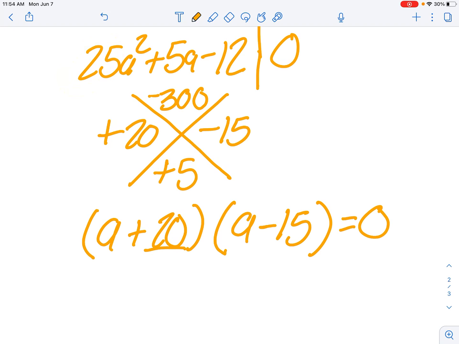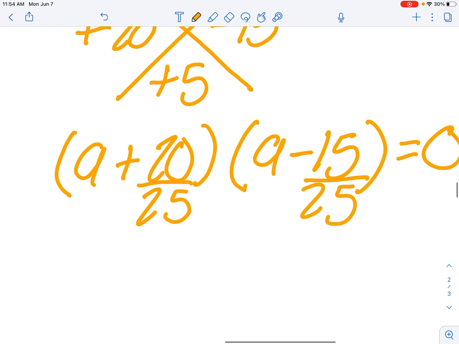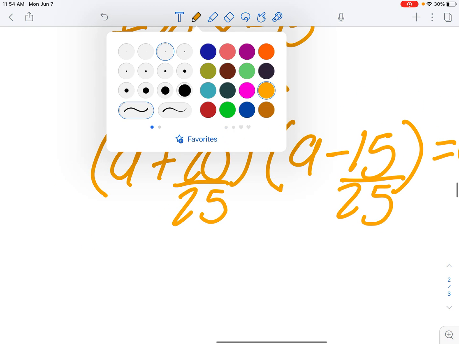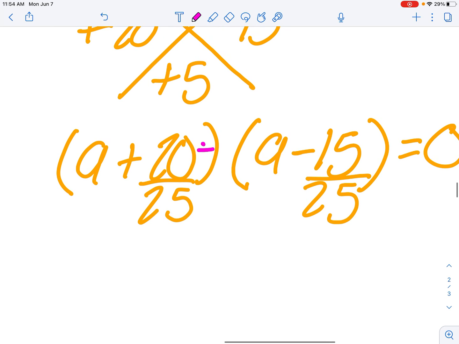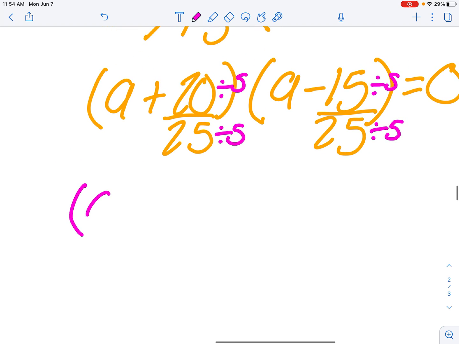I have to divide by 25 here. Divide by 25, divide by 25. Well, these two I can reduce by 5. I can also divide these two by 5.